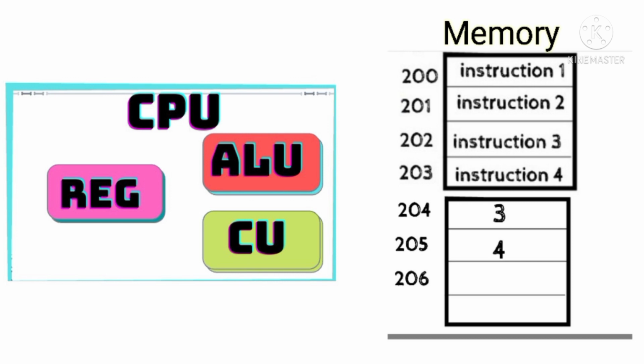This ALU is very fast compared with the memory. So if the CPU takes data directly from the memory, of course there will be a mismatch in speed between the ALU and the memory unit. In order to avoid this mismatch, our CPU uses its own registers to store data from the memory.